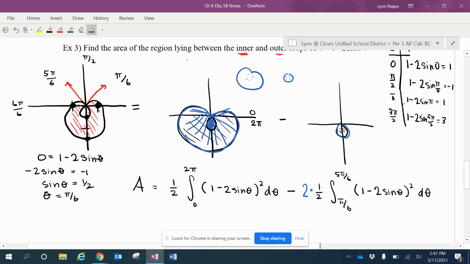One thing I could do instead, if I don't want to go to that trouble, is, instead of going from 0 to 2 pi, find the area of just when it draws the outer loop and then subtract just when it draws the inner loop. What I would have to do is look at when it finished drawing the inner loop, which is at 5 pi over 6.